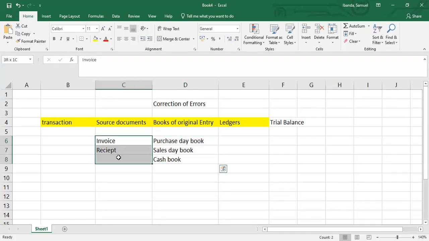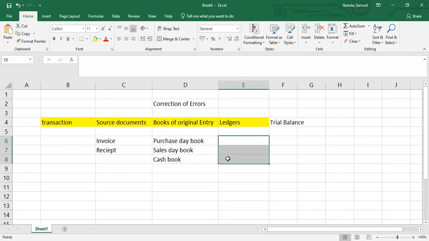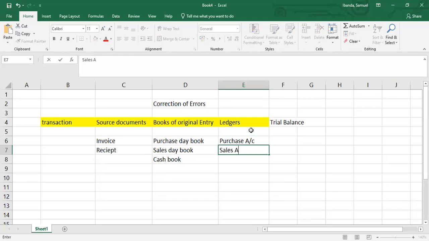Now, of course, if you make an error here or here, it will definitely also affect your ledgers, okay? Ledgers is where we now have the accounts, like the purchases account, like the sales account, and then maybe the cash account, whatever it is.